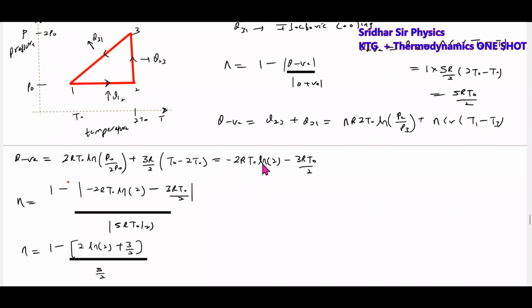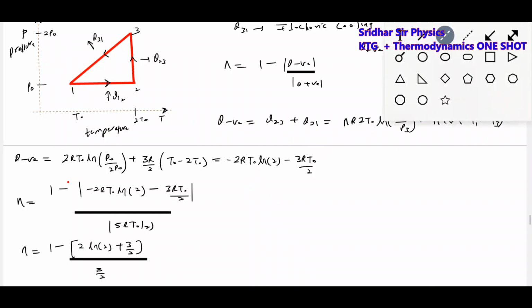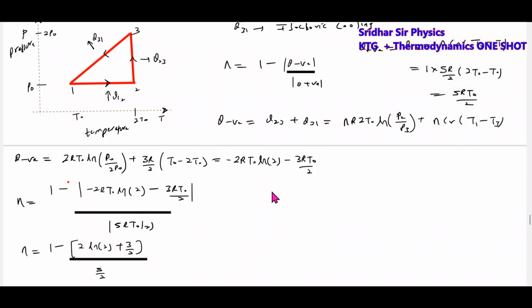Okay, first we'll go for the PV graph. These are very important. These are the types of questions you can expect in exam. Then this will be pressure P, volume V. Isobaric heating. Volume will increase, pressure will be constant.